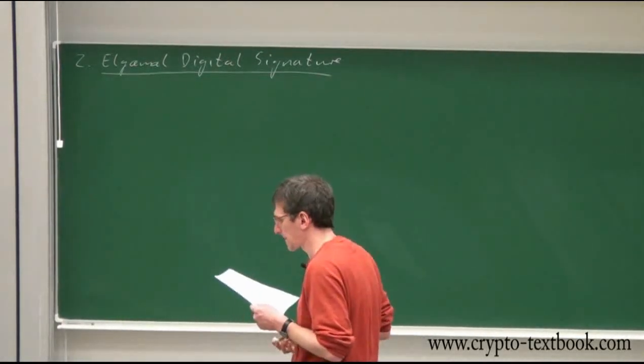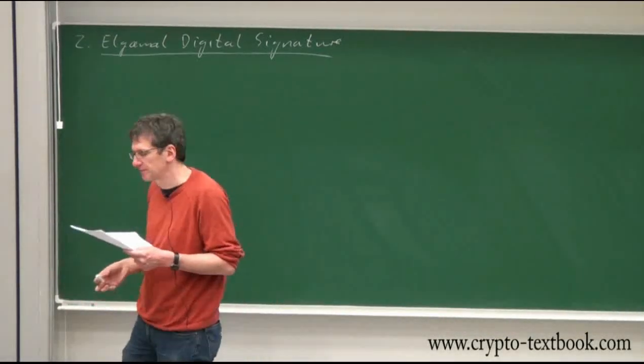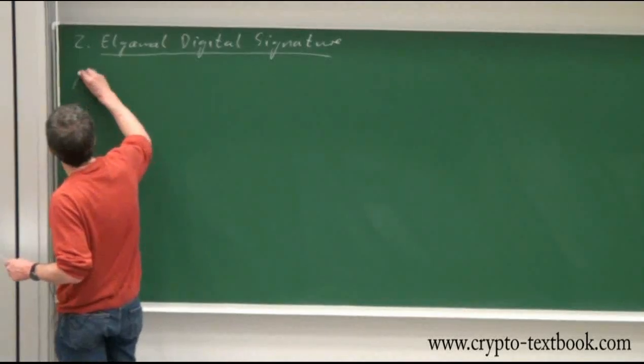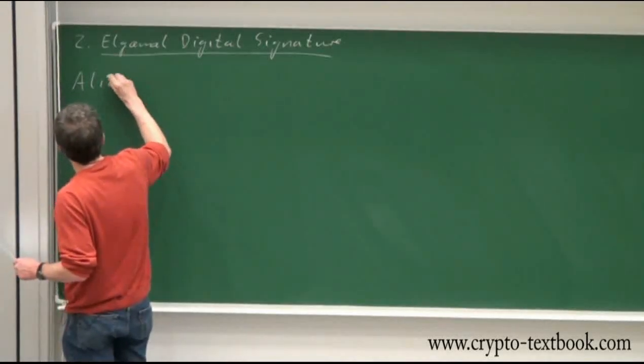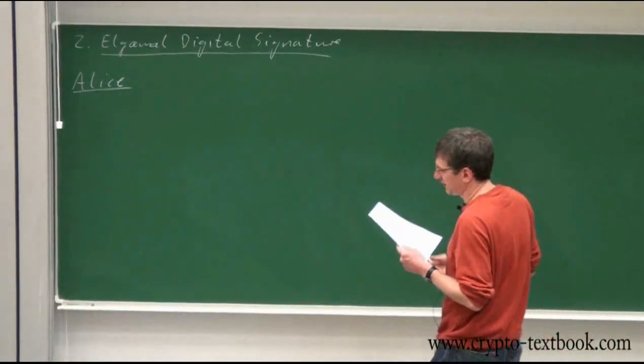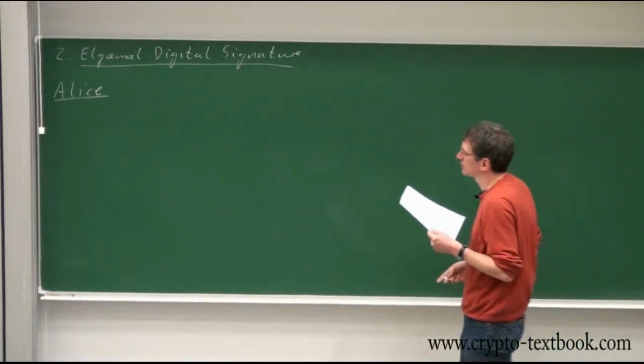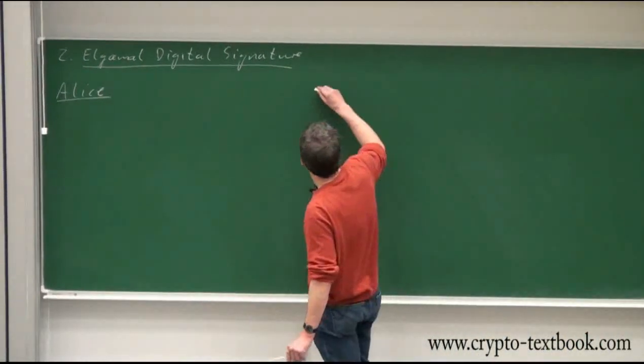Okay. So we immediately jump into this protocol here. So again, we look at Alice. In a fair amount of space. I mean, it took me almost half a page to draw this protocol. So if you want to copy.